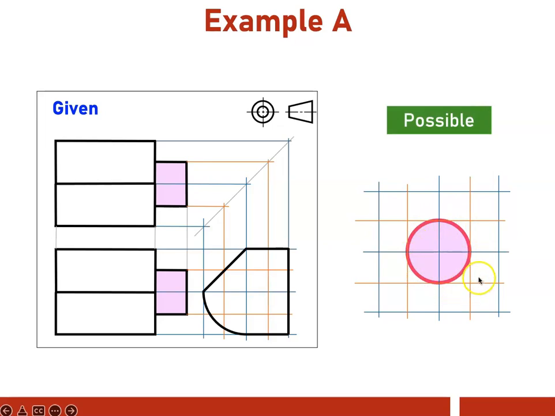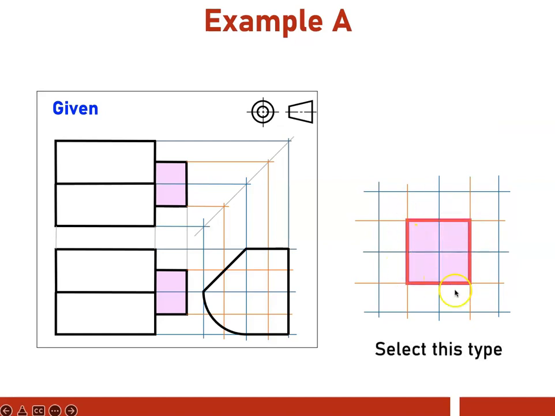It can also be a cylinder, but we don't have a center line, so I'm not going to say it's possible. I wouldn't say it's a cylinder. We can say it's a half cylinder, yes. Yes, that's possible.